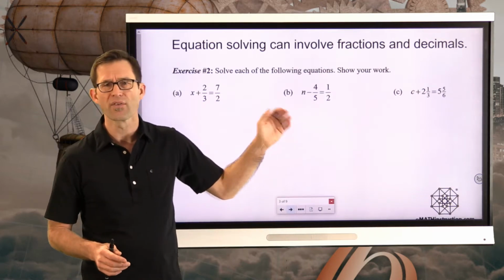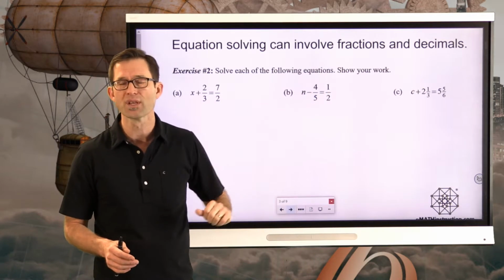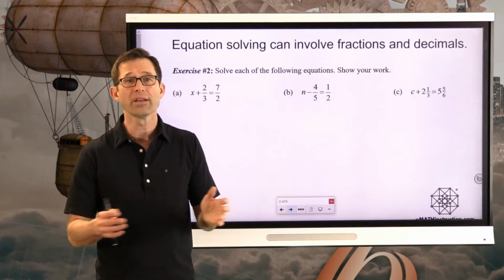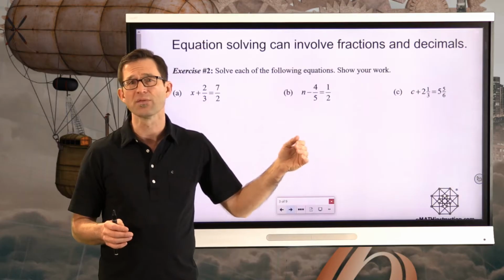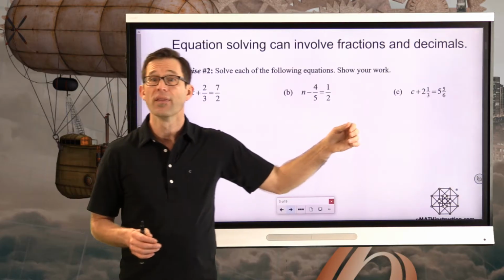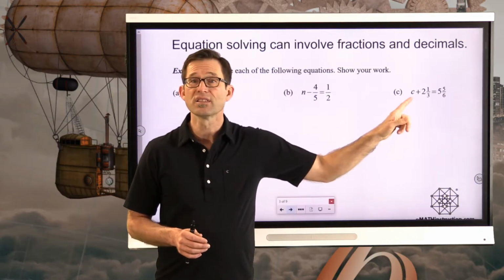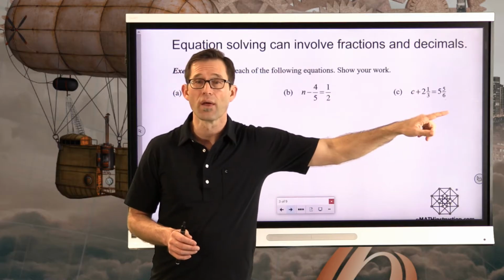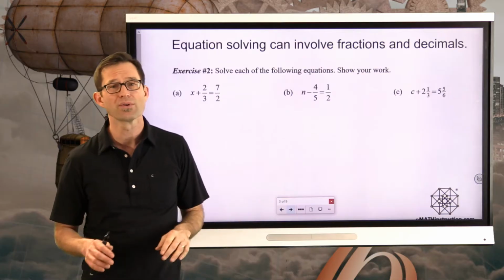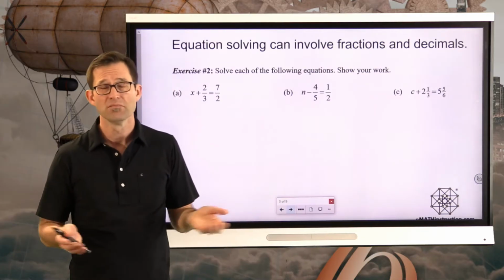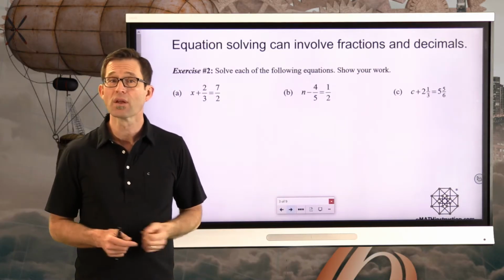Same thing in letter B, I've got n minus a number equals a number. No different than n minus 5 equals 11, except I'm subtracting 4/5 and it's equal to 1/2. And then the one that's particularly ugly, c plus a number equals another number. Again, these two numbers are a bit ugly because they're both mixed numbers and it's going to be annoying to deal with. And yet, it's still the same idea.